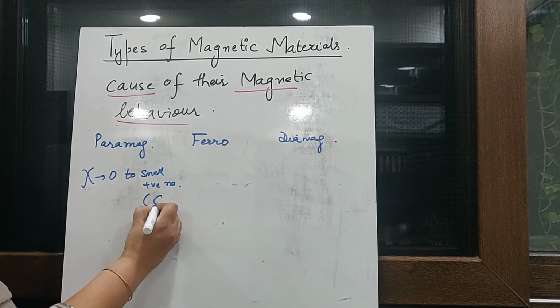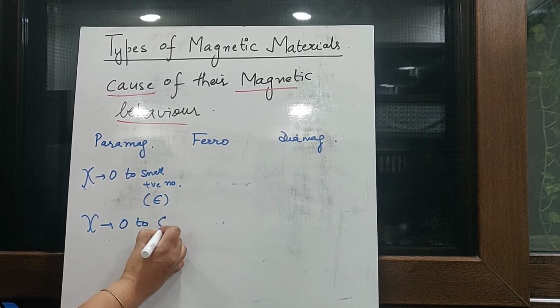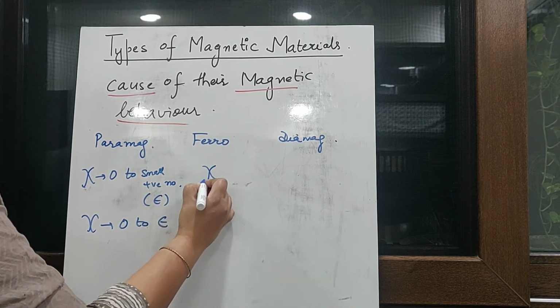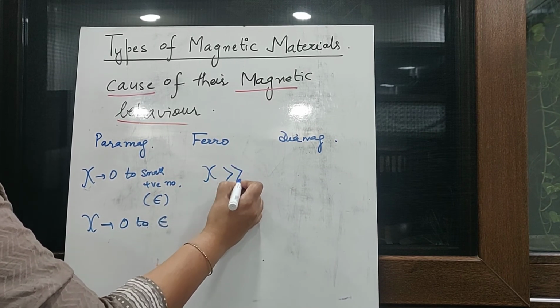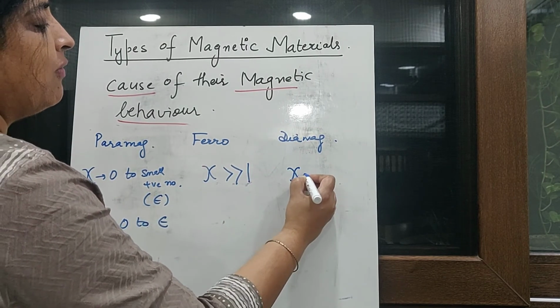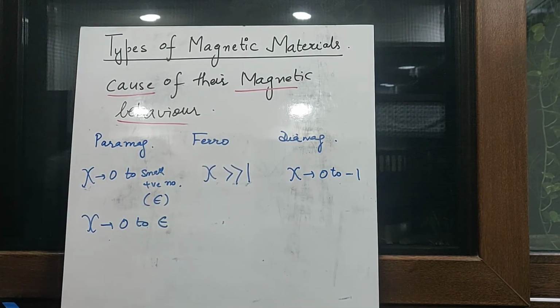Let us say this number is epsilon. So chi ranges from 0 to epsilon. For ferromagnetic materials, the value of chi is much greater than 1. Right? So it is a huge value. For diamagnetic materials, the value of chi ranges from 0 to minus 1. So this is the value of magnetic susceptibility.